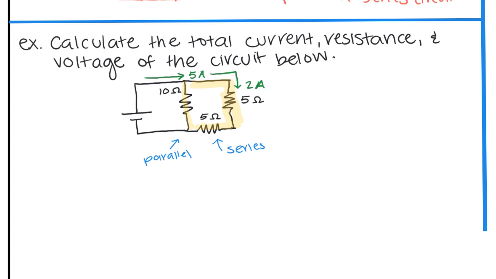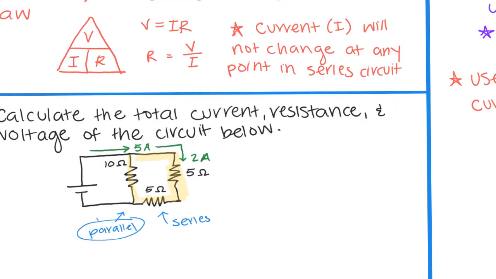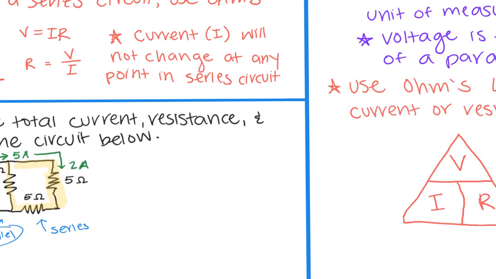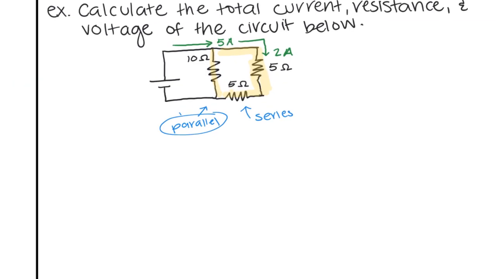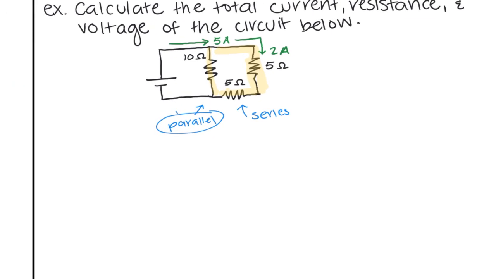But overall, this is going to be a parallel circuit. So with that in mind, I'm going to look to some of my parallel circuit elements and how to calculate some of those.